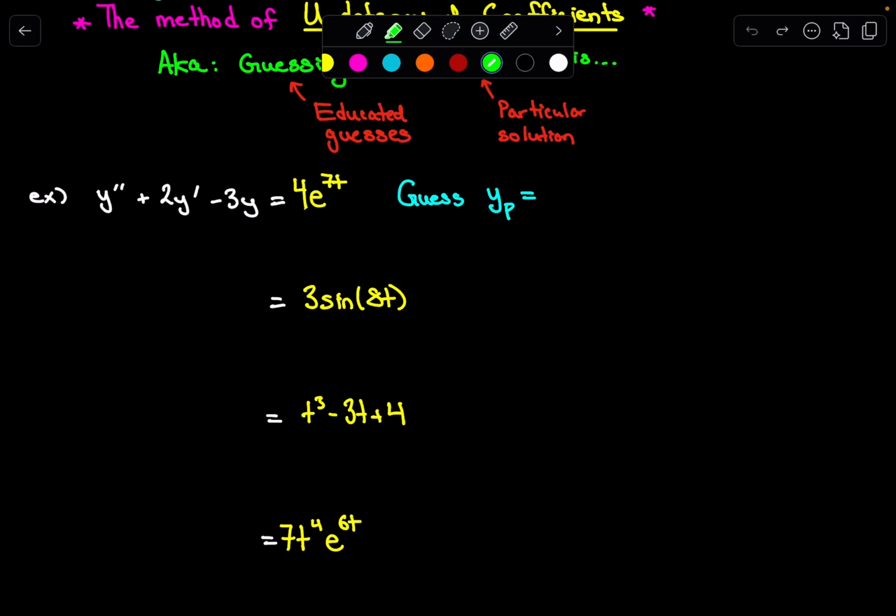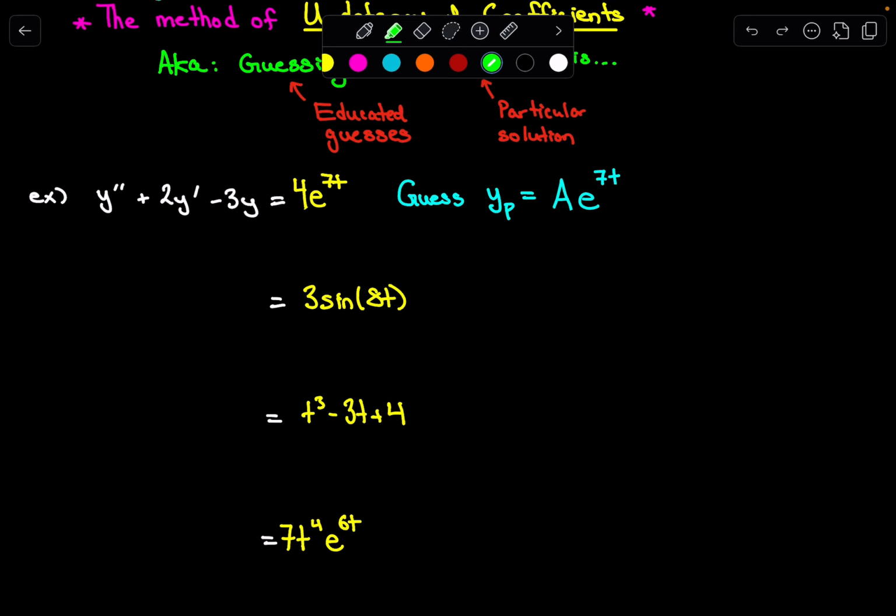Following the logic from the homogeneous version, the only one that makes sense would be some a e to the 7t. You can't put sine in here, because then I get cosine and then negative sine, and those aren't going to cancel out to leave me e to the 7t. The only function that makes sense as a guess here is a times e to the 7t.